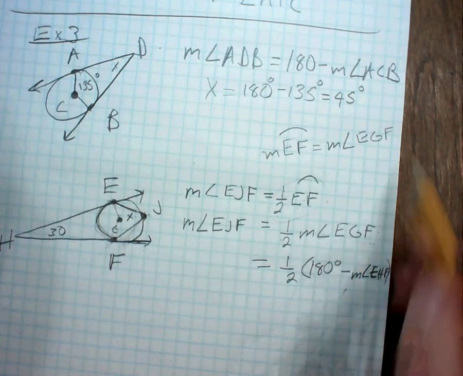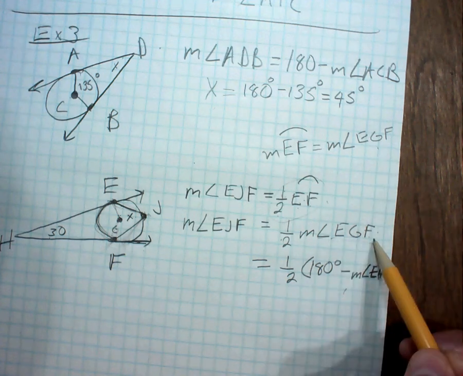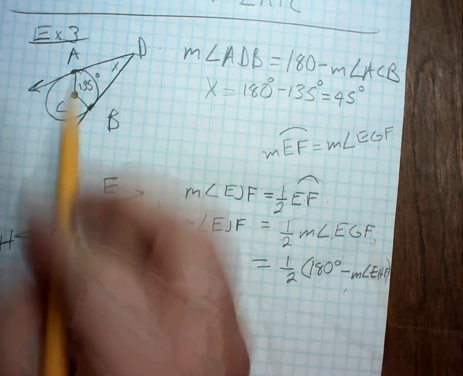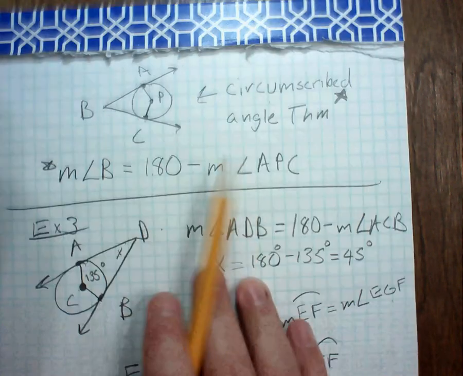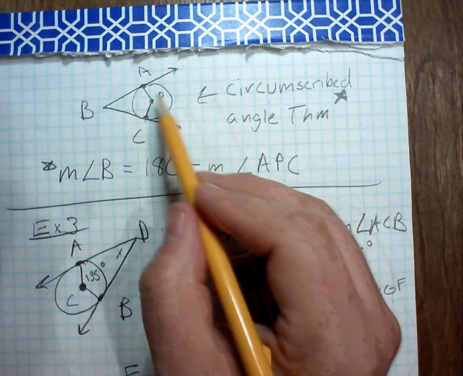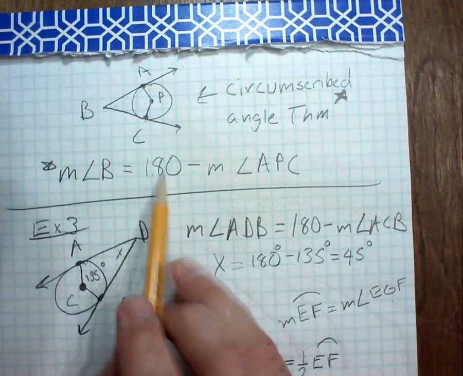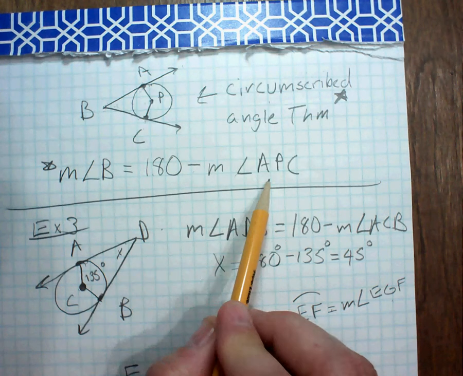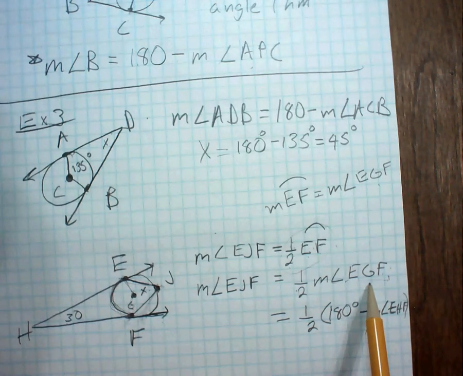Then, what is the measure of EGF? Well, if I go back and look at this circumscribed angle theorem up here, the relationship between this angle and the measure of the central angle is it's 180 minus whatever the central angle is. Well, this is the central angle, right?